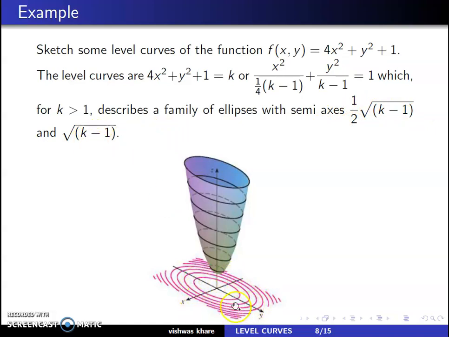This is the family of ellipses or level curves. Again, if these level curves are lifted to the height given here, we get the graph of the function like this.